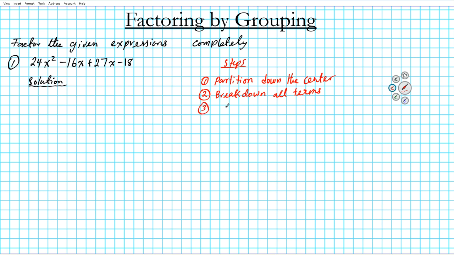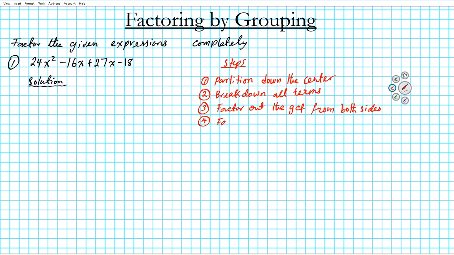And then you're going to proceed to factor out the GCF from both sides, the left and the right sides. When you factor out the GCF, you're going to have an identical quantity present itself on the left and the right side.